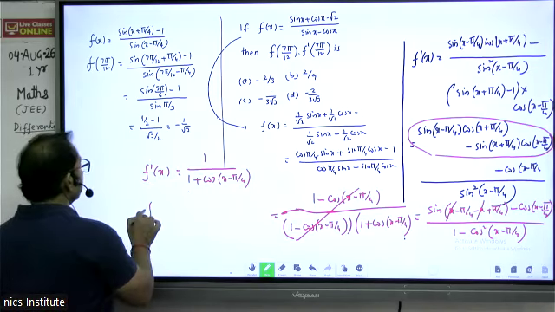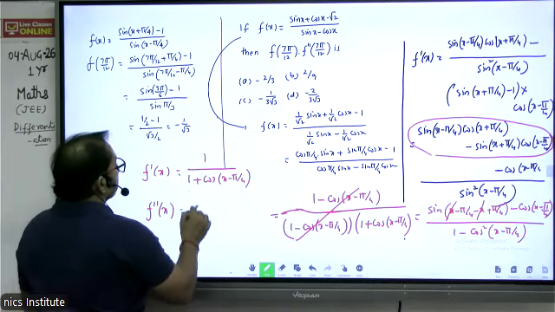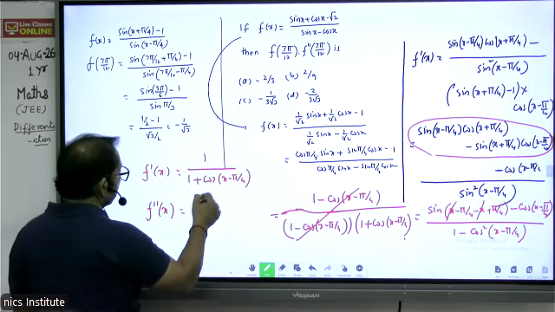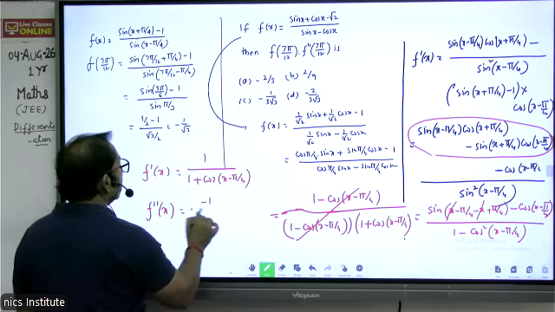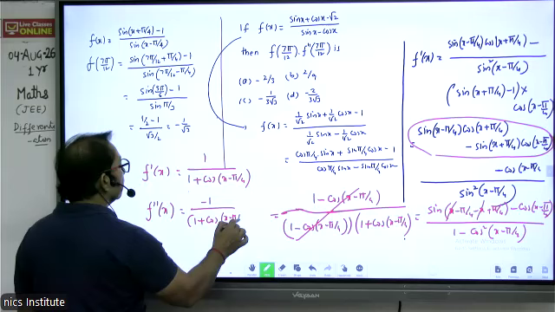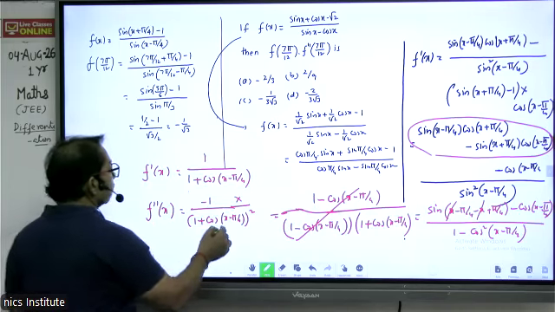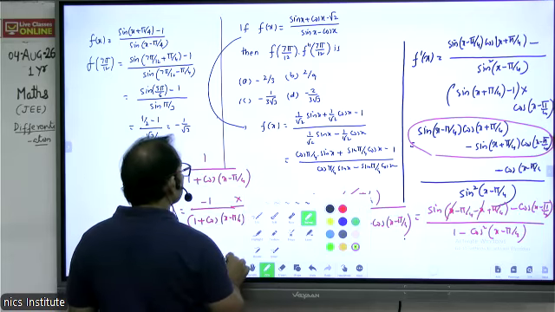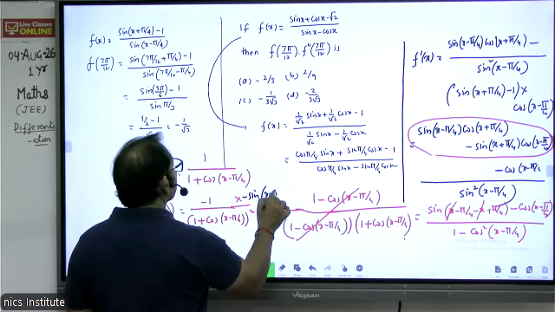So when I differentiate again, I bring this in numerator, apply chain rule. So minus 1 over 1 plus cos x minus π/4 whole square, and derivative of 1 plus cos x minus π/4, which is minus sine x minus π/4.